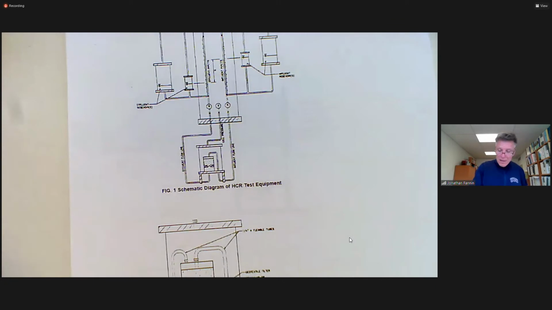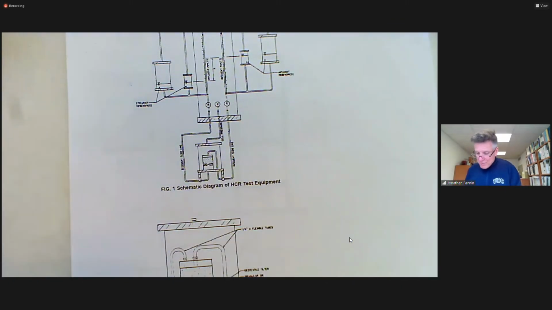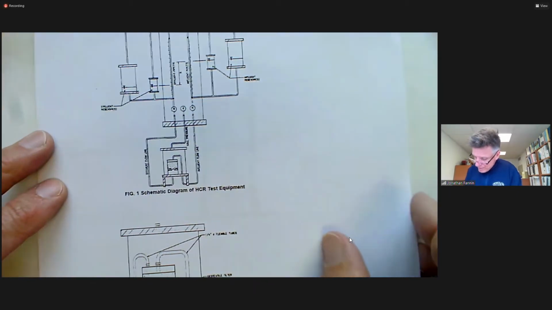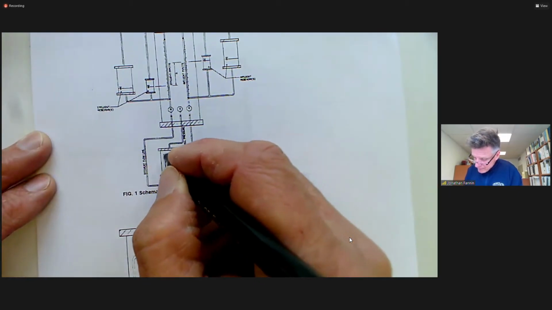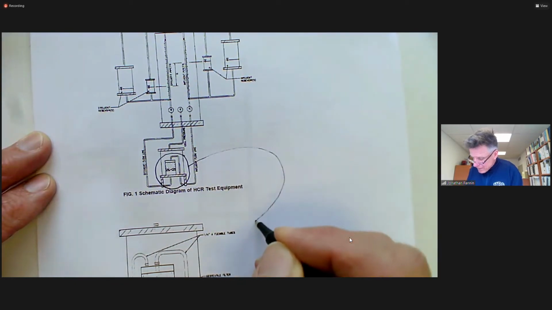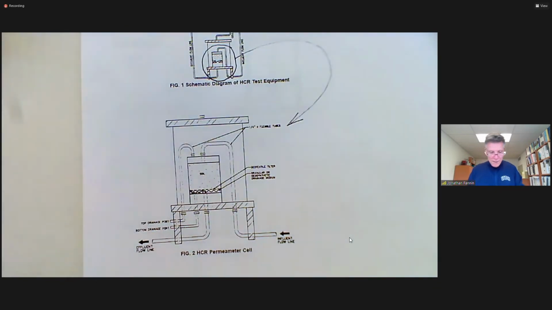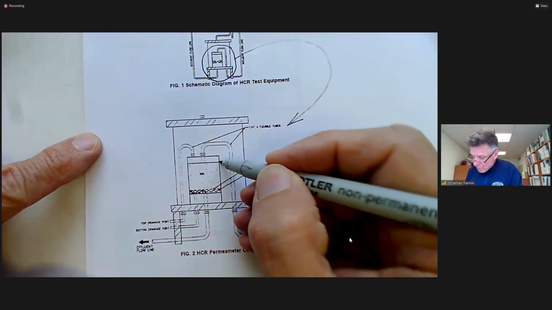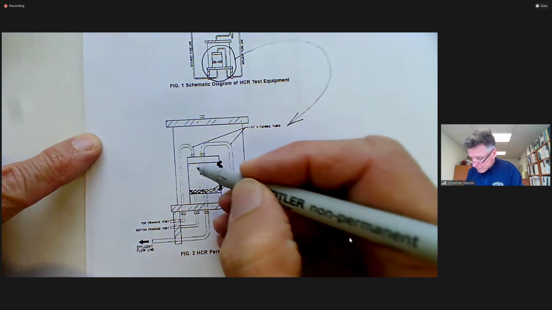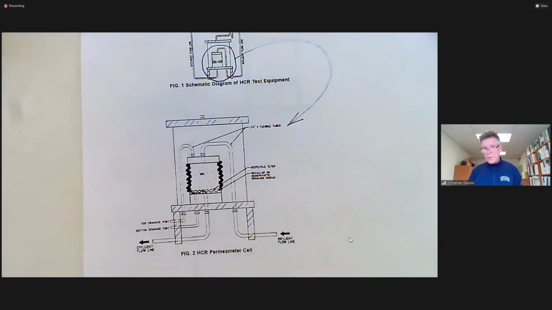So let me try to capture that. I'm going to take this and bring it down to here. Now I'm going to schematically show the flexible wall, not a rigid wall permeameter, but a flexible wall.